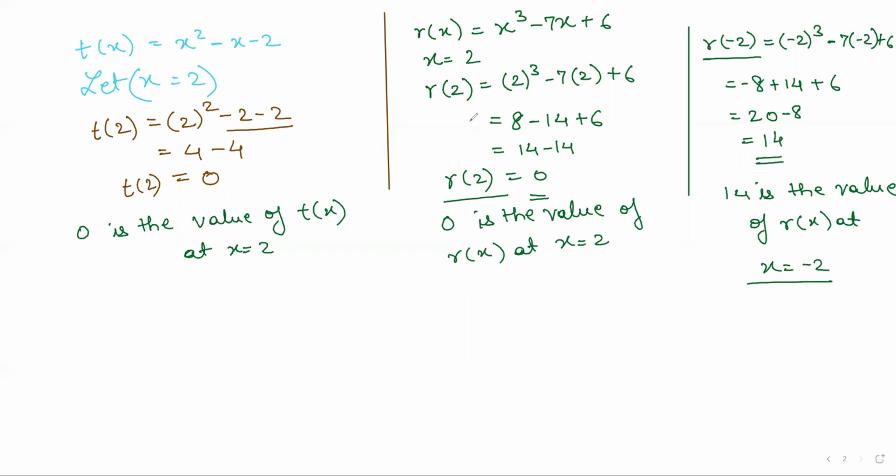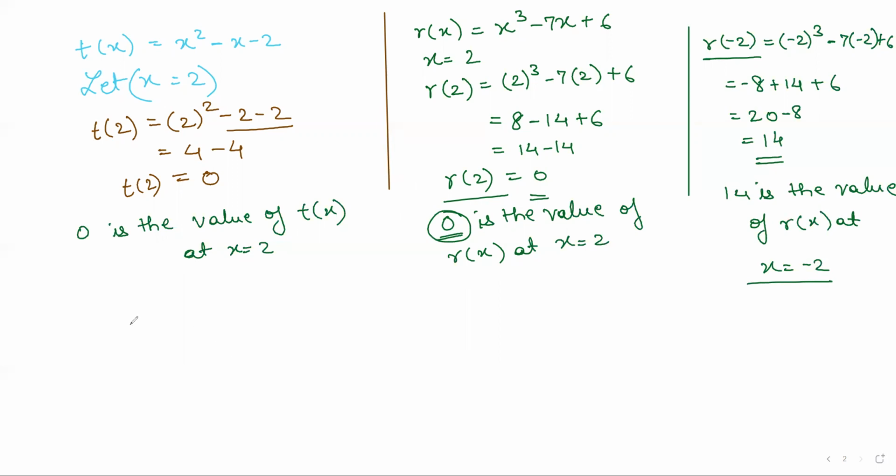So you won't get the numerical value 0 for all the values of x, but you may get a 0 sometimes. So this is a point of discussion over here.